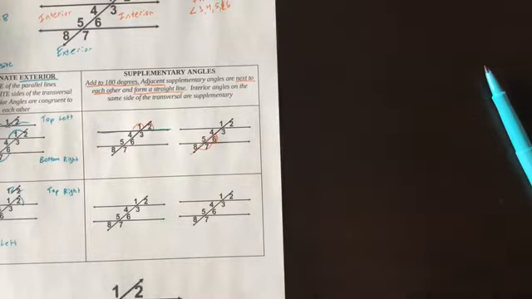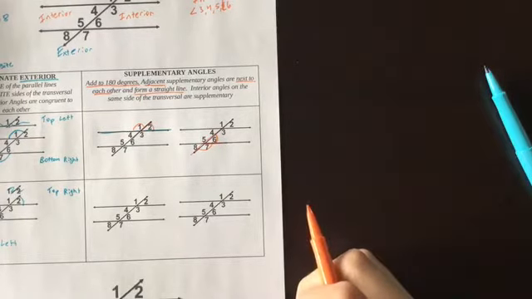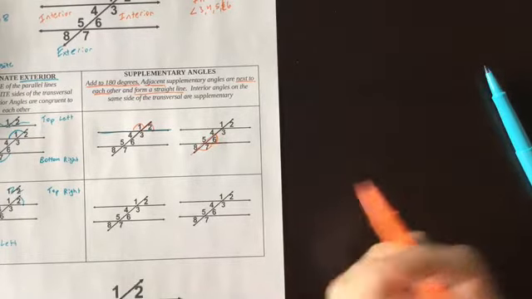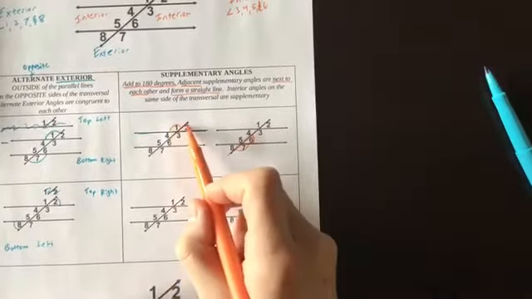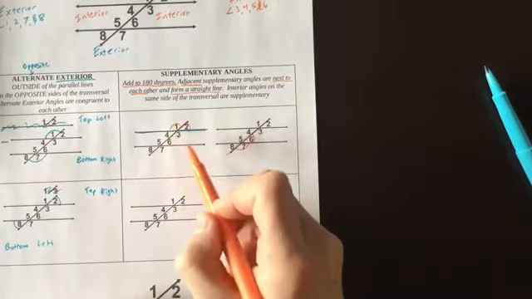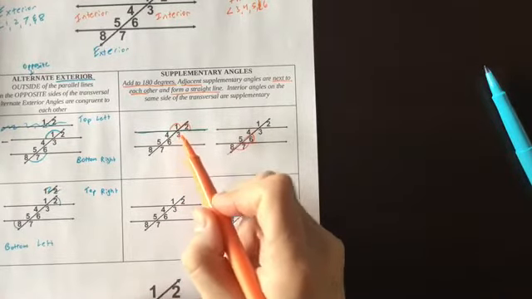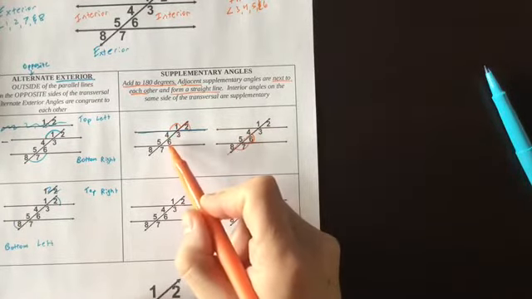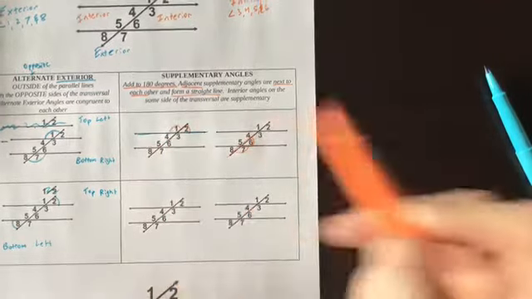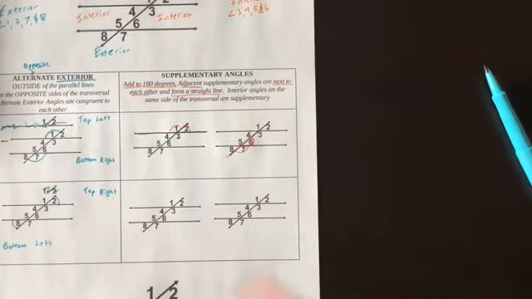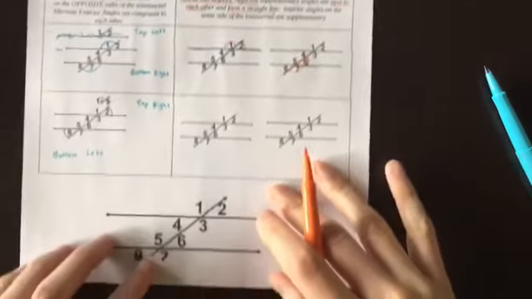There's a lot of supplementary angle pairs here, wherever you see them forming a straight line. So we could see angle 1 and 2, angle 1 and 4, angle 2 and 3, angle 3 and 4, angle 6 and 7, angle 6 and 5, angle 5 and 8, angle 7 and 8. Those will all be adjacent and supplementary.